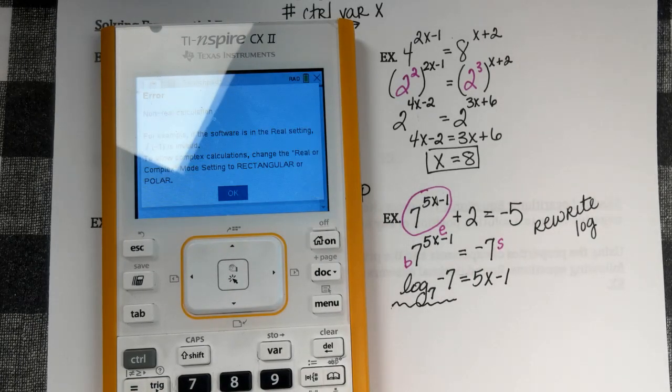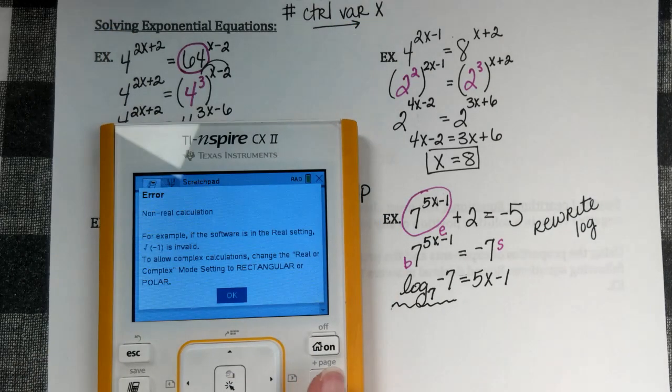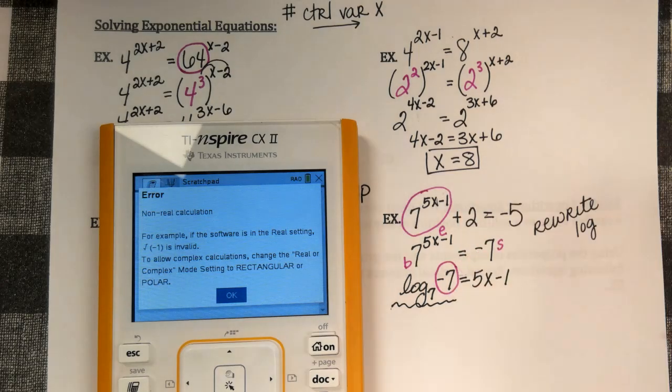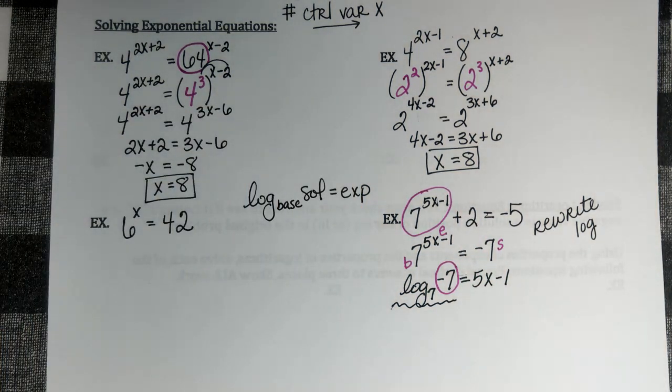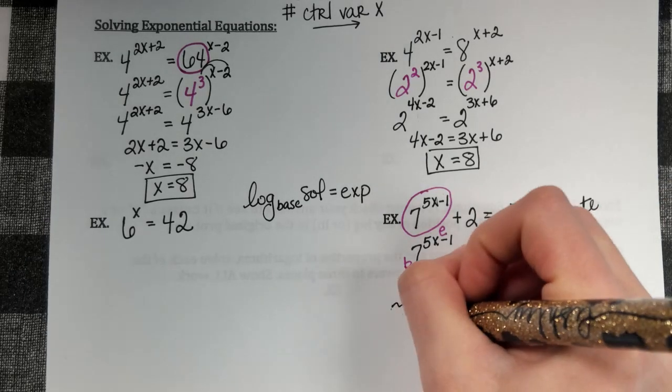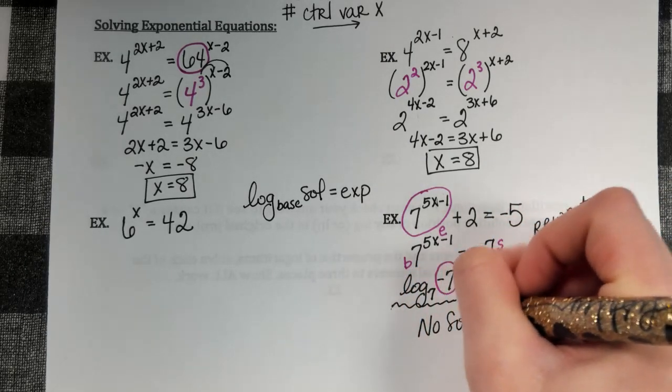It should give you an error message on your calculator. What rule am I breaking with log base 7 of negative 7? I introduced it to you last class, and this is a negative. You cannot take the log of a negative number. Because I cannot take the log of a negative number, I have no solution for this problem.